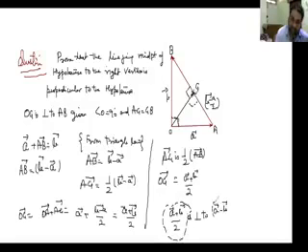The square of a vector is actually the dot of the vector with itself, because AB square is nothing but AB dot AB. See, if I have a vector A, then the dot of the vector A with itself is mod A into cos 0, that is nothing but mod A square.